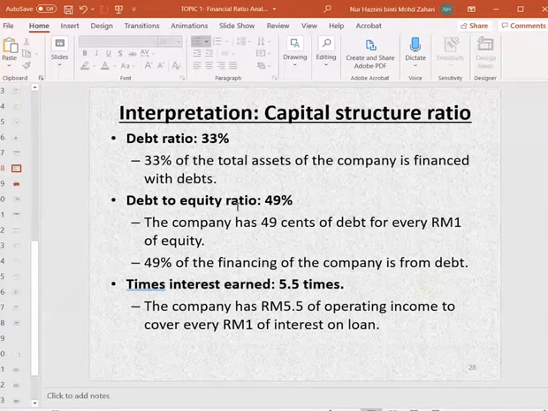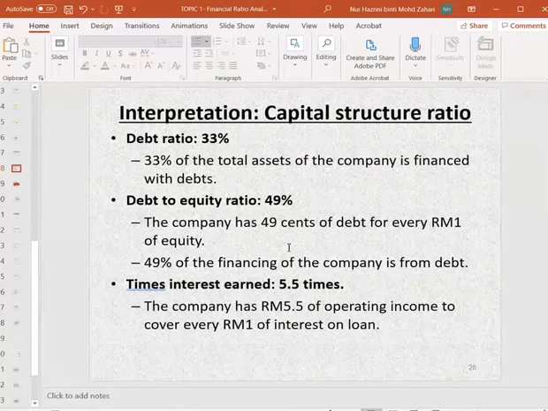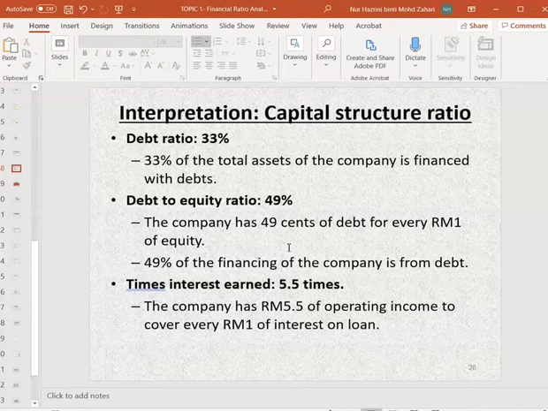For debt to equity ratio, the lower the better. But this depends on what type of investor you are. For the risk averse investor, the investor that doesn't want to face so much risk, they want the debt to equity ratio lower.